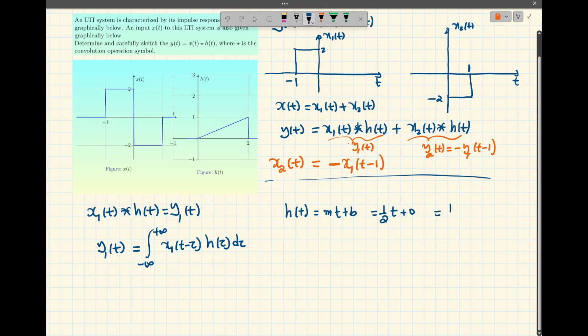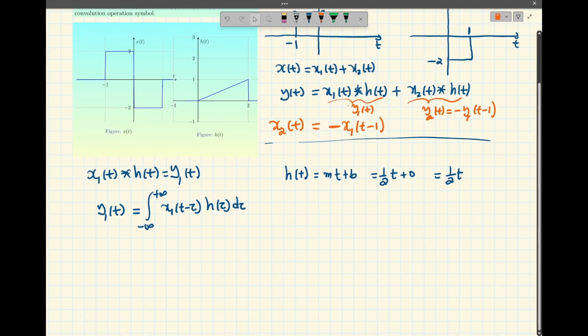So h of t is half t. Now, since we're doing this graphically, let me sketch x1, which is this. So x1 of tau.